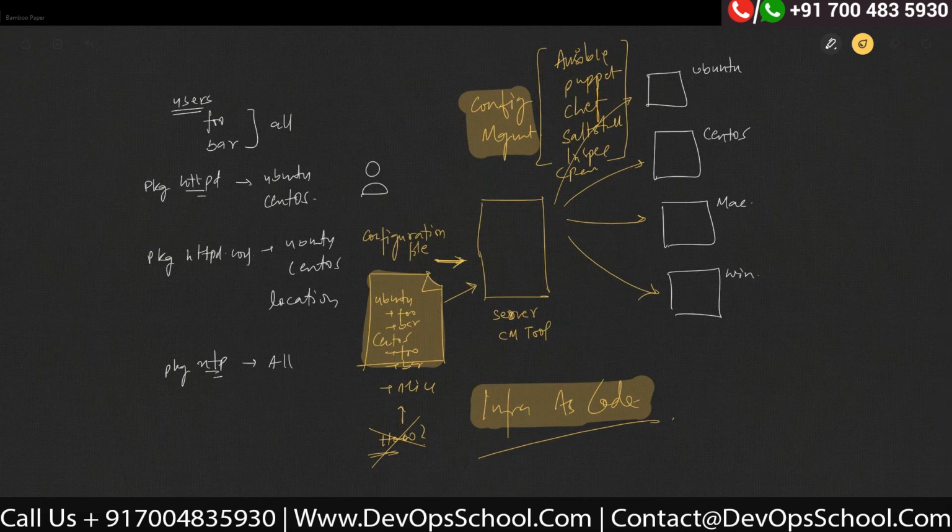If not, please let me know. All right, so looks like it's clear to you guys. Okay, so we will understand how Ansible works as configuration management, and we will also see how we write this code to manage our infrastructure.